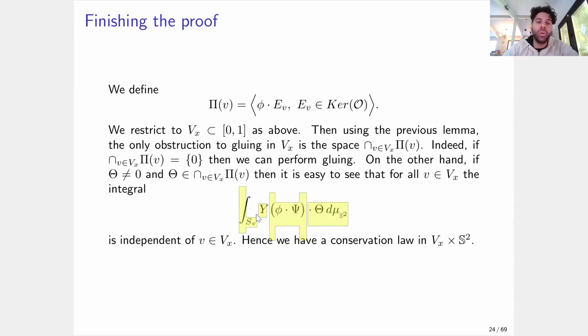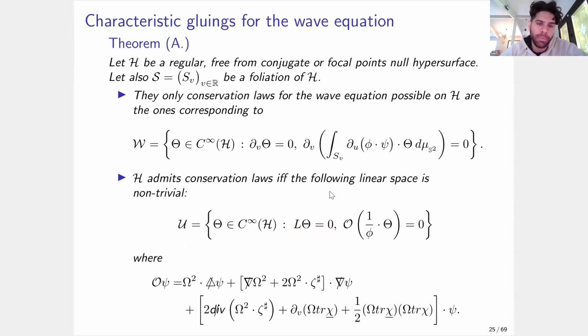But precisely because you can do gluing as long as these conservation laws are respected, these are the only conservation laws you can possibly have on your null surface. And these are the only obstructions to gluing.